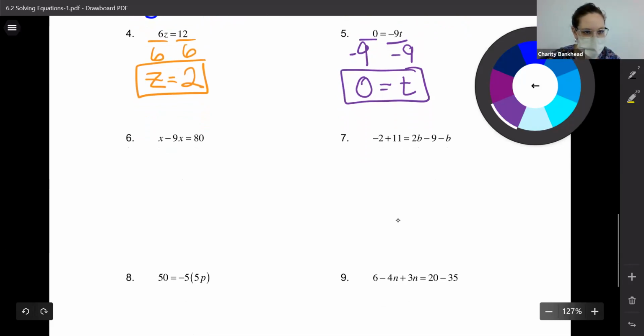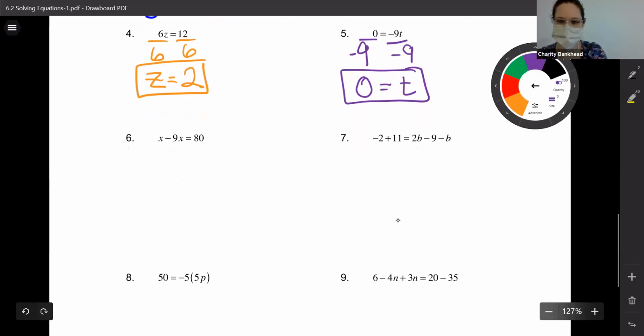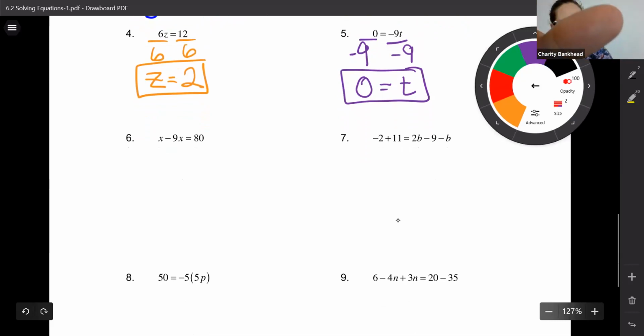Number 6, we have x minus 9x equals 80. So let's see. So x is the same thing as 1x. So we want to combine like terms. So 1x minus 9x. 1 minus 9 is negative 8. So negative 8x equals 80.